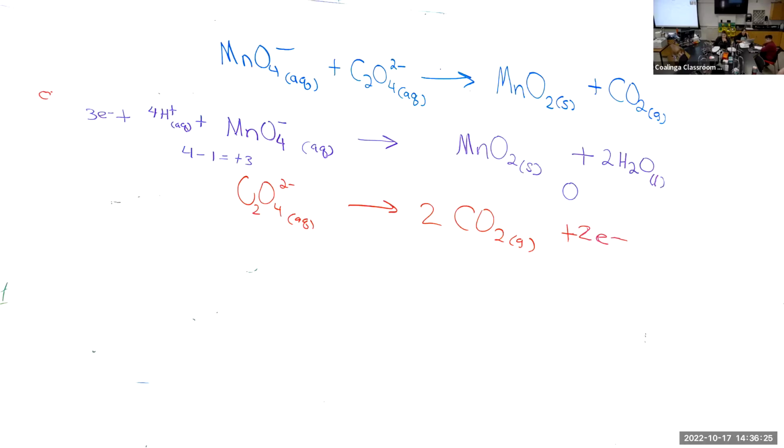How do you know which batch of electrons? Sure. So over here it was 3, it's 4 minus 1, so that's a +3, right? Over here, what is the charge right here? 0. So what can I do to make this 0?